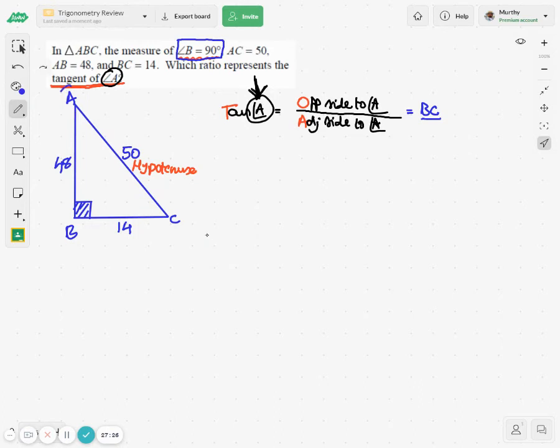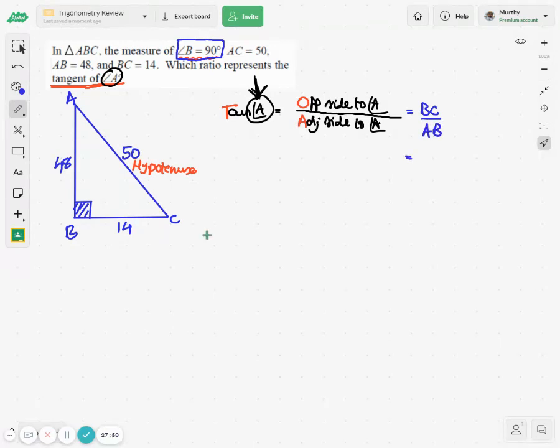Then you may get confused sometimes. Oh, I'm sorry, I could not draw this one. So you may get a doubt at times, is this the adjacent side or not? No, friends, that is the hypotenuse. Therefore, it is BC over AB.